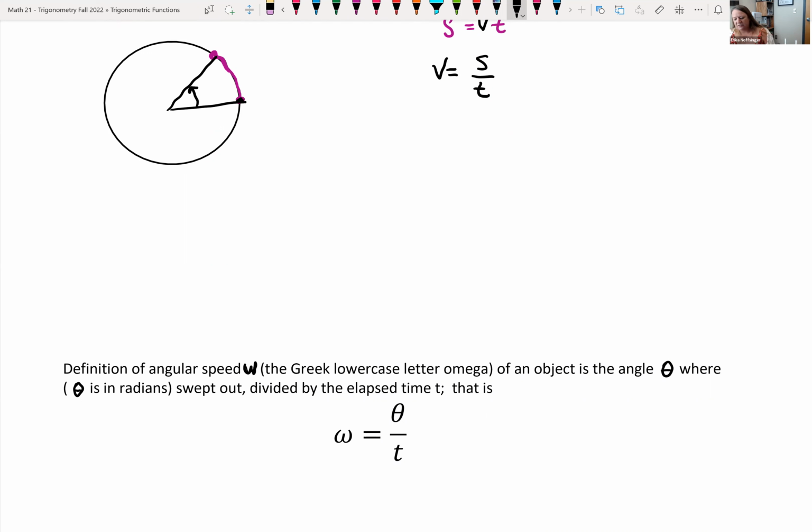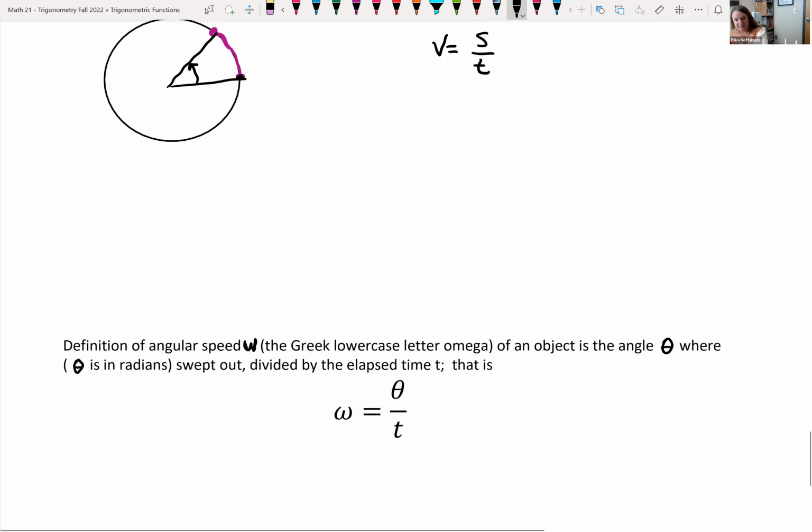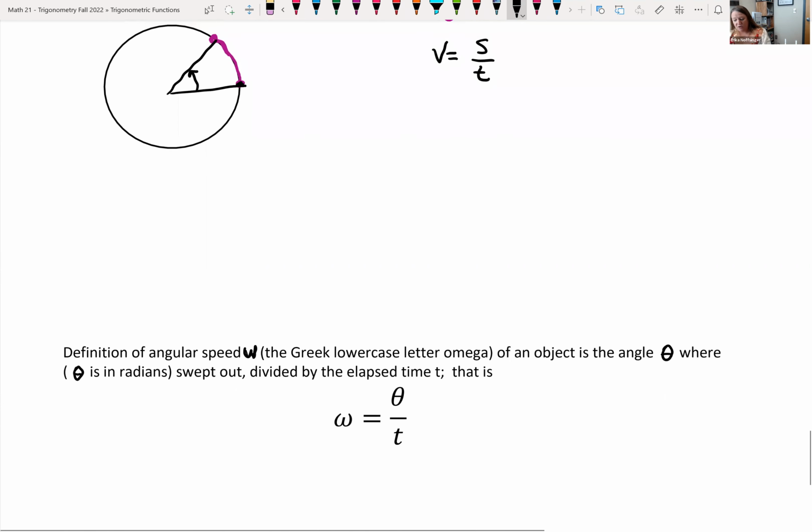So the definition of an angular speed, omega, of an object is the angle theta, where theta is in radians, swept out, divided by the elapsed time t. So omega is equal to the angle swept out divided by t. So how fast is that measure of the angle going? We have that measure of the angle over time.